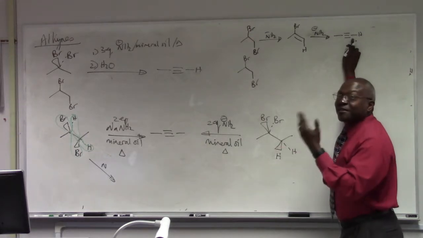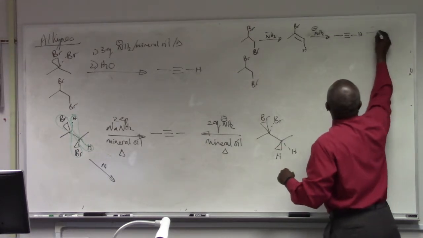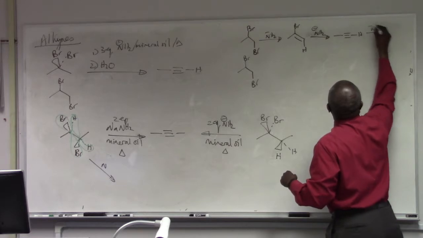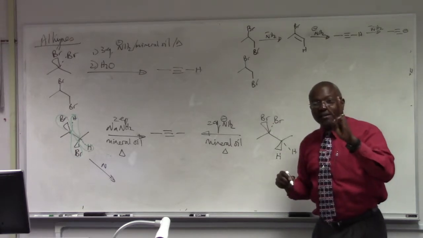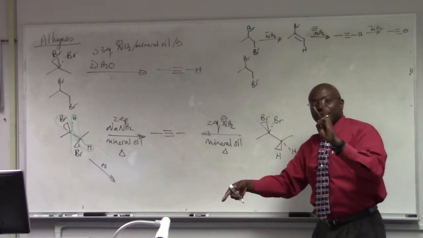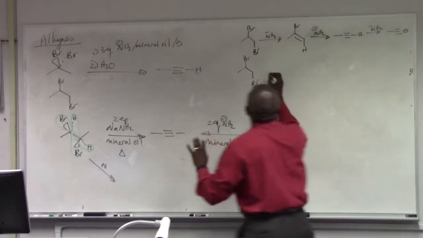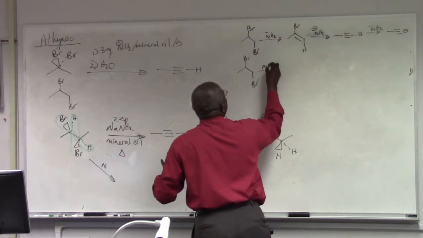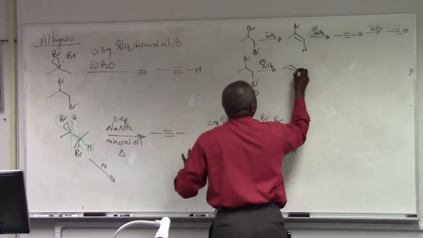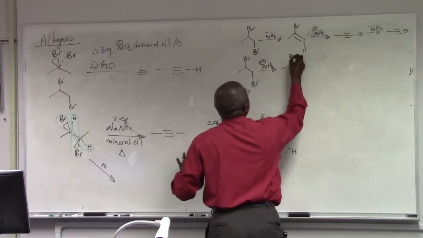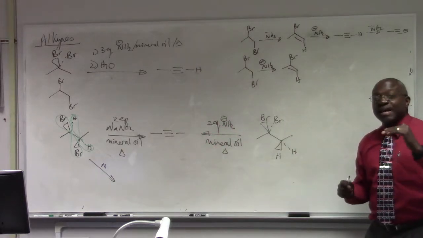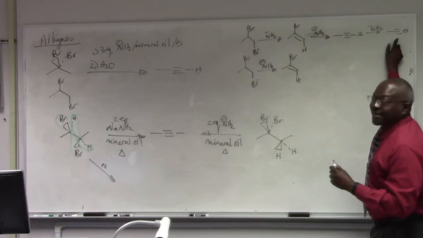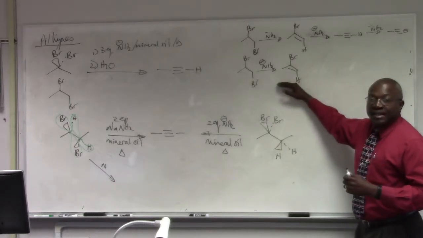Terminal alkynes are acidic enough that the NH2 minus will deprotonate it and make the acetylide. But you've used 3 of the 4 that you've put in, so you have 1 left. That last one is going to do this reaction and then stop. So if you only put in 2 equivalents, you do not make the alkyne. You end up with the acetylide and the bromoalkene.